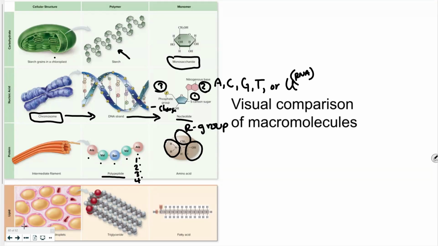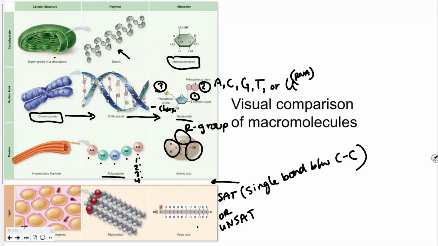Okay, lipids, you can see, are kind of separated. There's this little gap here because they don't have a nice little monomer polymer structure. If you were to twist my arm and make me say that there was a monomer, I would call it a fatty acid. Fatty acids can be saturated or unsaturated, depending on if they are composed of only single bonds between carbons, or if there's one or more double bonds.